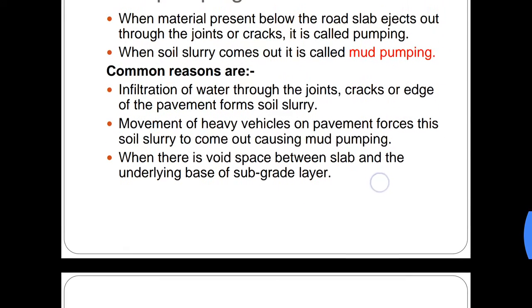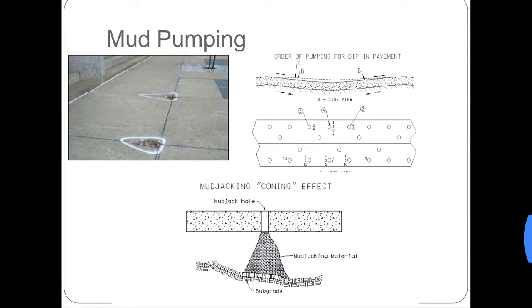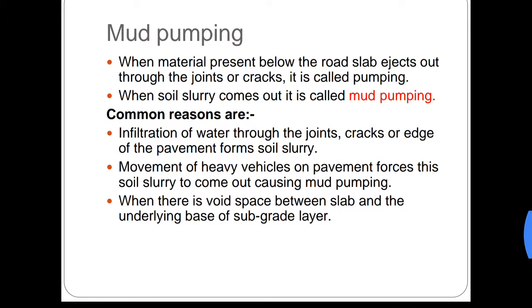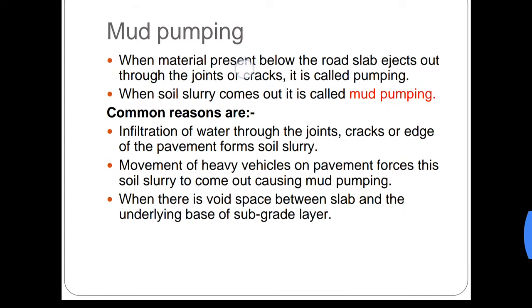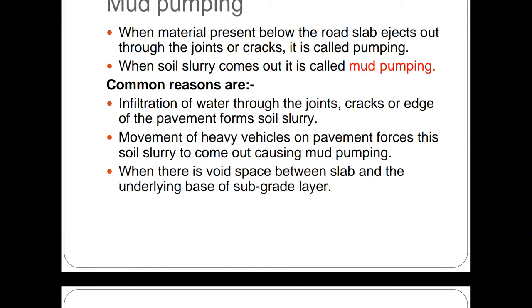Then we have mud pumping. This is an important defect that we need to consider for rigid pavements. So firstly, let us have a look. When material present below the road slab ejects out through the joints or cracks, it is called pumping. And when soil slurry comes out, it is called mud pumping.